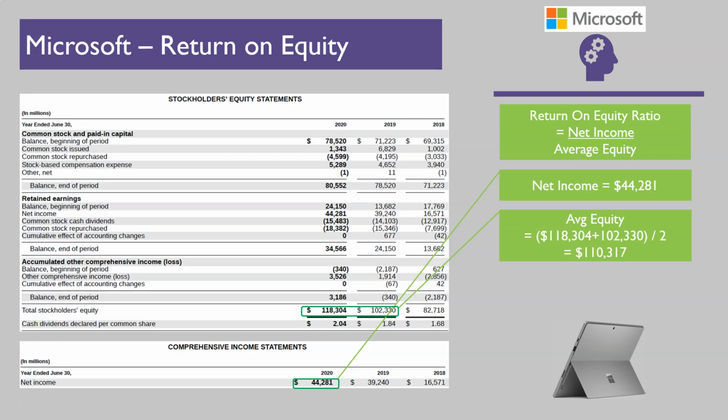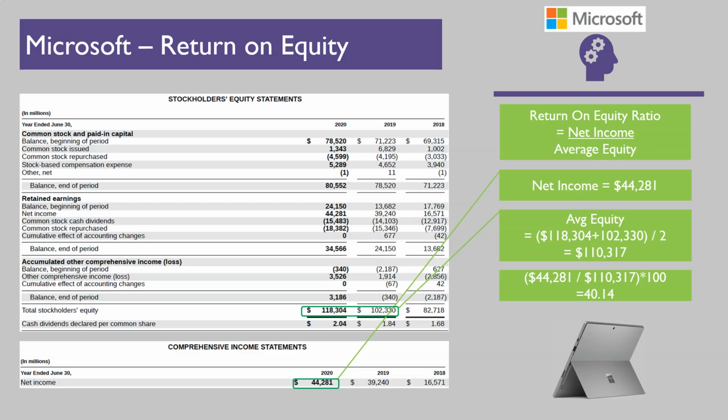We then calculate an average equity balance of $110.3 billion for fiscal year 2020 and 2019. When we take the net income balance of $44.3 billion over the average equity amount of $110.3 billion, we come up with a return on equity of around 40.14%.